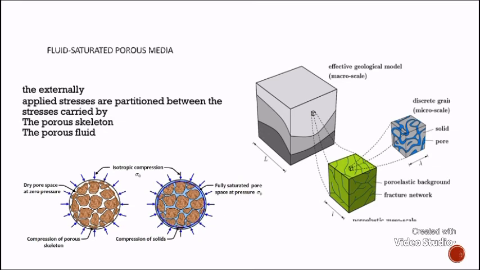In the classical theories of soil mechanics, the externally applied stresses are entirely borne by the pore fluid at the time that we're actually applying the stresses to that sample. This assumption actually does not talk about the elementary concept of load partitioning though, but it actually respects the deformability of both the porous skeleton and the skeletal material.